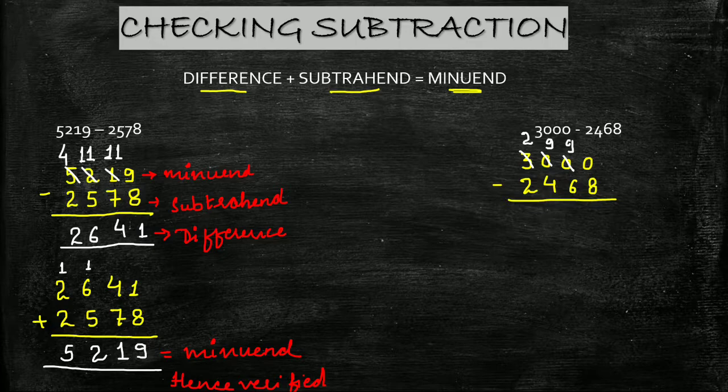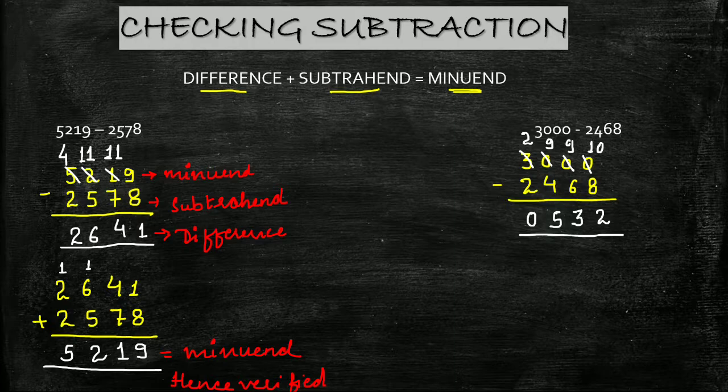After borrowing 10 from the tens column, there are 10 ones in the ones column. Now start subtracting. 10 minus 8 is 2, 9 minus 6 is 3, 9 minus 4 is 5, 2 minus 2 is 0. So we have 532. The difference between these two numbers is 532.